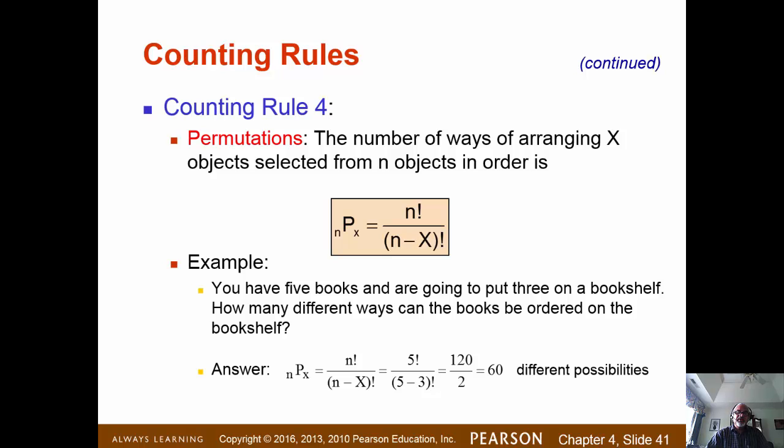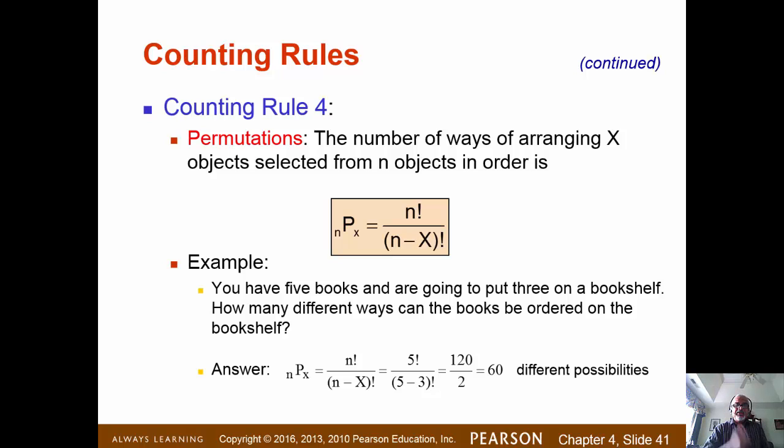Then permutation is, if you have 5 people running a race and you want all the possible outcomes, then it is 5 factorial. But suppose you're interested only in the first 3 of the 5 people running, how many ways can you have 1, 2, and 3? Gold medalist, silver, and bronze. Let's assume that there are 10 people running. How many possibilities are there for medals?